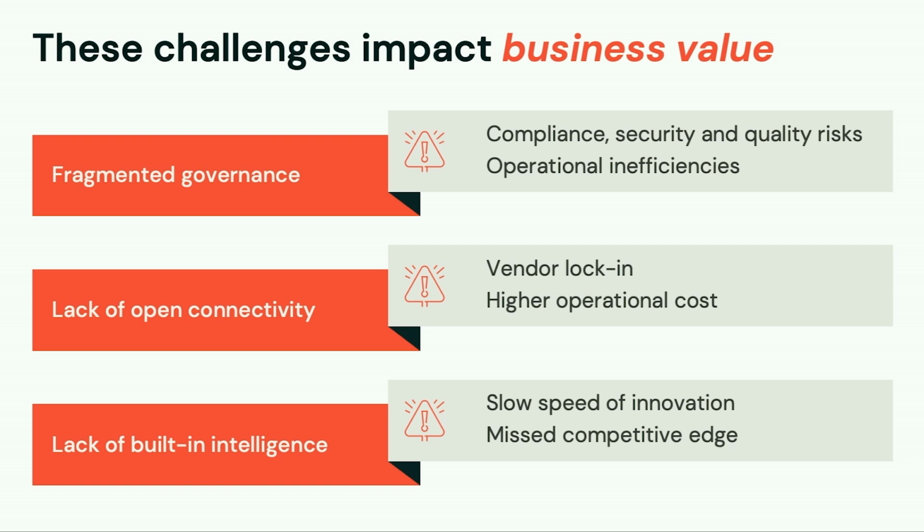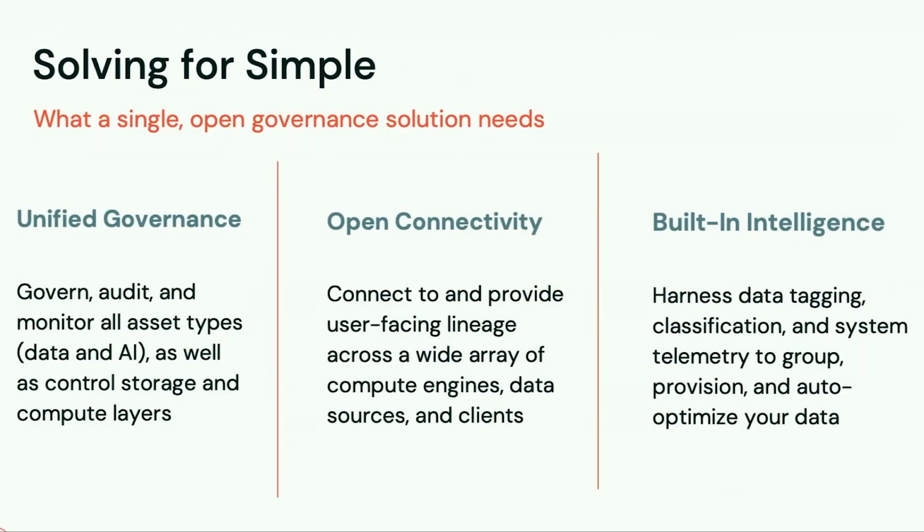These systems don't integrate well with each other, so there is no real open connectivity. This creates vendor lock-ins as well as, again, higher operational cost. And finally, the lack of built-in intelligence is slowing down the speed of innovation, and it's a missed opportunity for competitive edge.